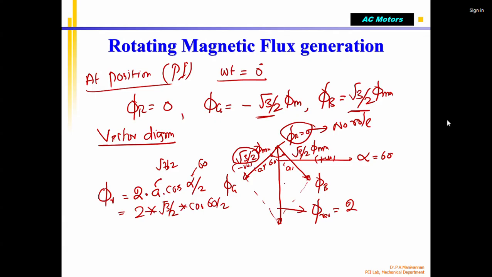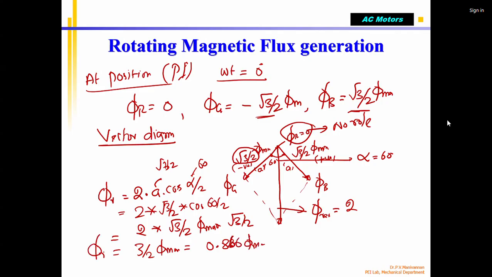Because there are 2, that's why we multiply by 2. So this can be written as 2 into root 3 by 2 into phi max into cos 30, which is root 3 by 2. Note down, it is going to be 0.866 into phi max.